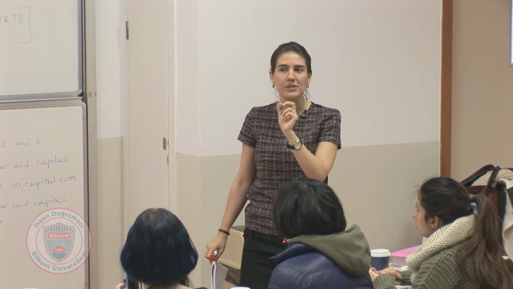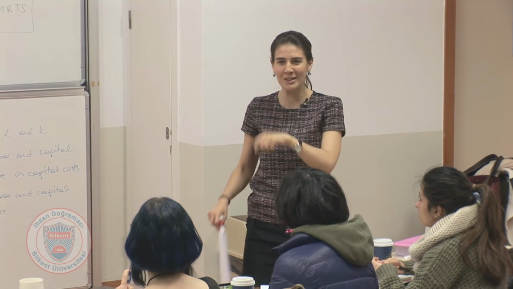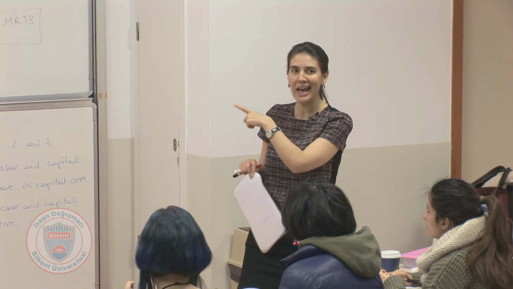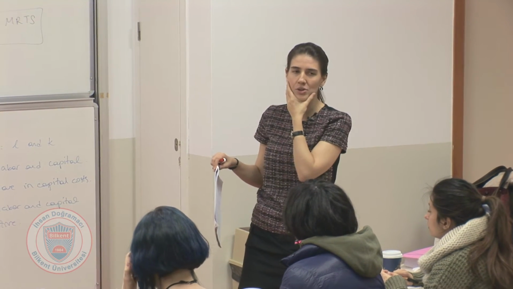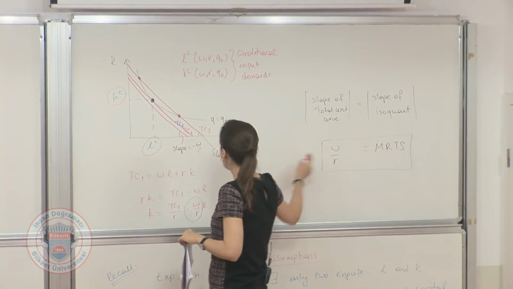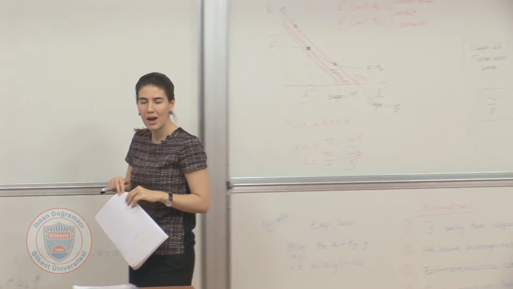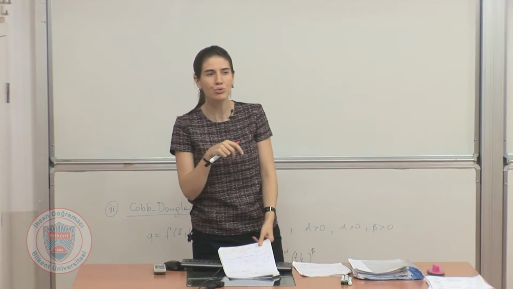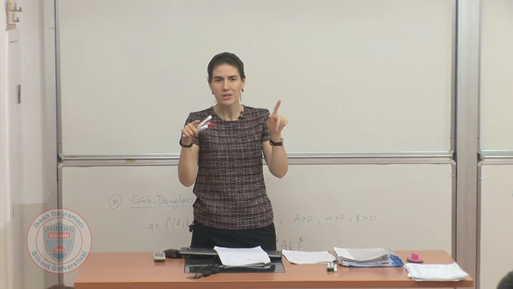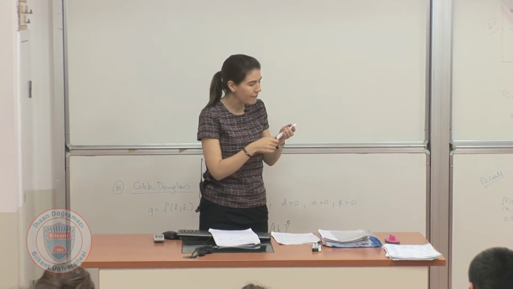Otherwise, if it's a corner solution, remember I solved it and said that no, we cannot solve it like that. So this condition is necessary and sufficient when we have an interior solution and convex isoquants. So this was the graphical one.